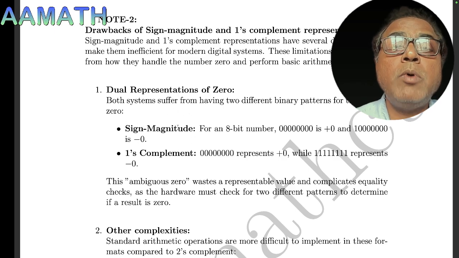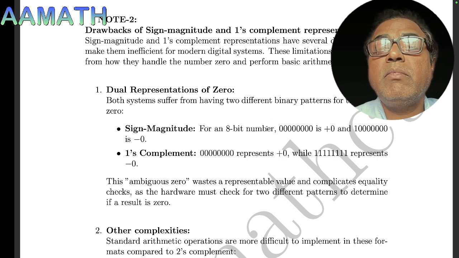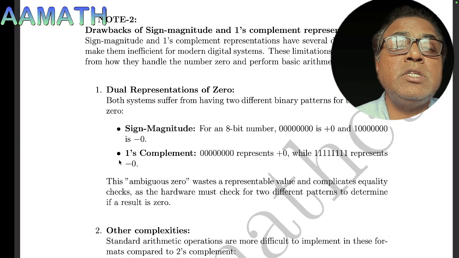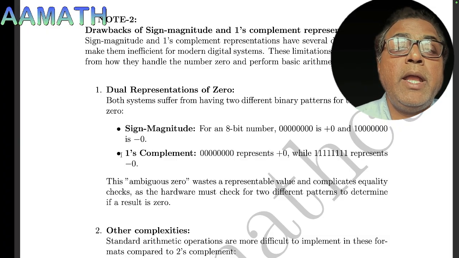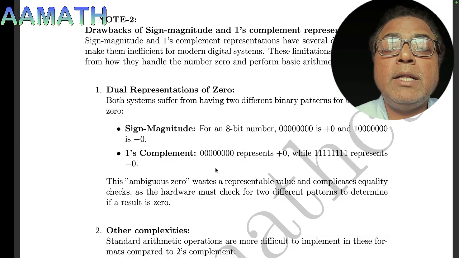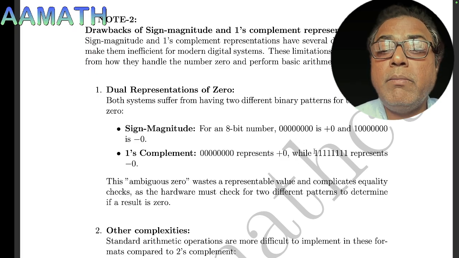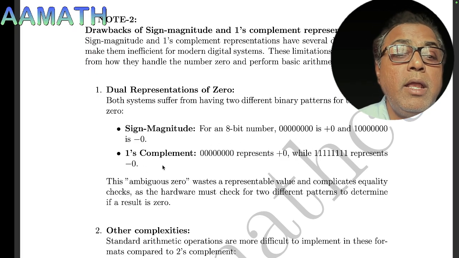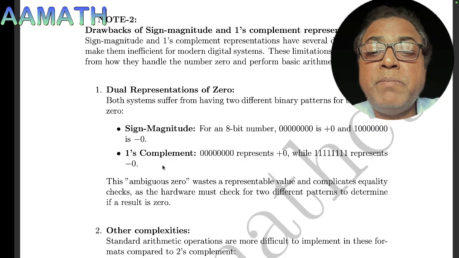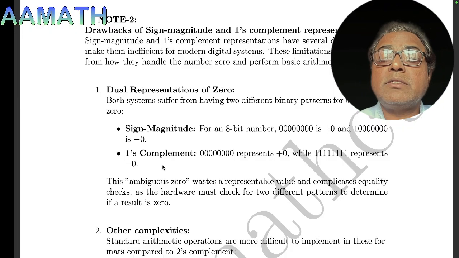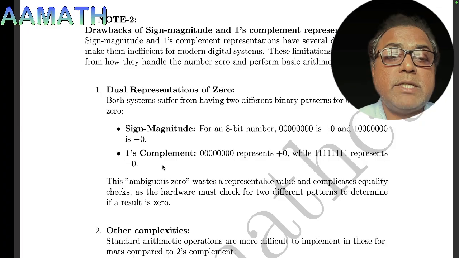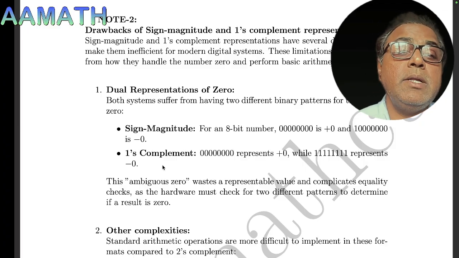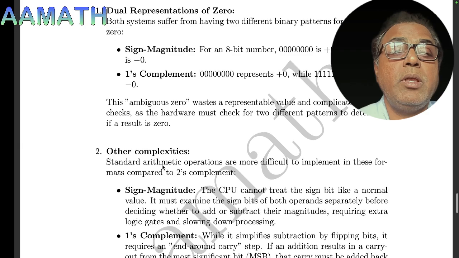In sign magnitude form, for an 8-bit number, this represents plus 0, and this, 1 0 0, represents minus 0. And in ones complement form, this represents plus 0, while this 1 1 1 1 represents minus 0. This ambiguity wastes representable values and complicates equality checks, as the hardware must check for two different patterns to determine if a result is 0.